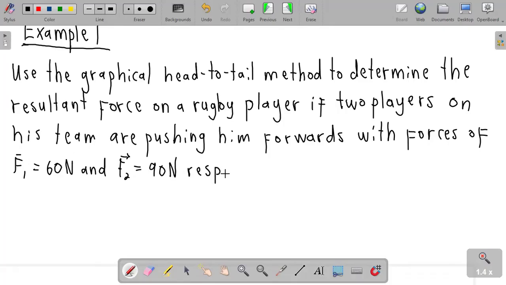So this is two players, and they are pushing forward.